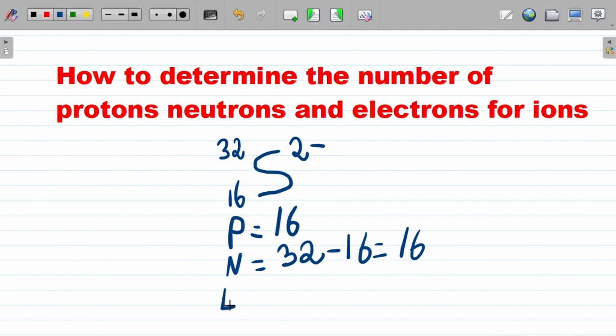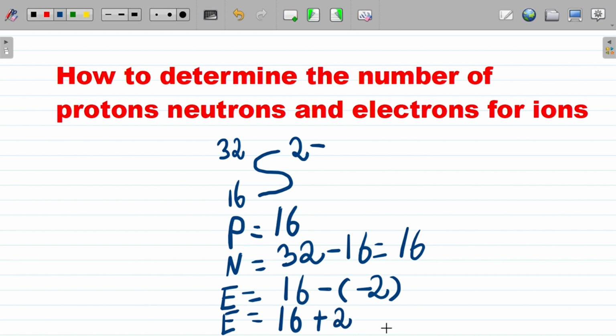And the number of electrons is equal to 16 minus negative 2. Remember, the charge is negative 2. So the number of electrons is the same as 16 plus 2, and this is equal to 18 electrons.